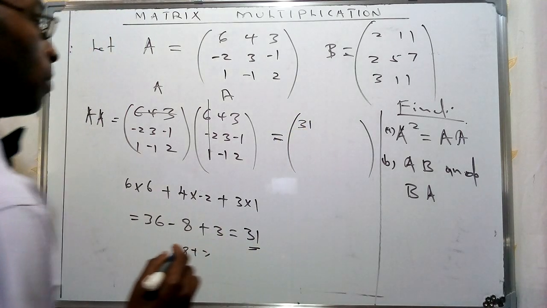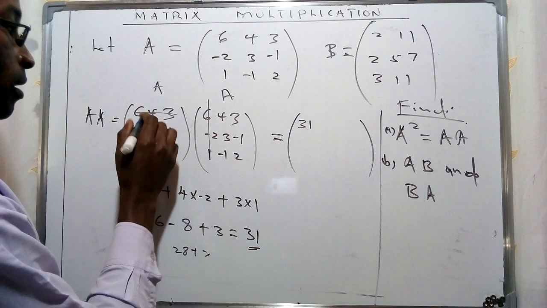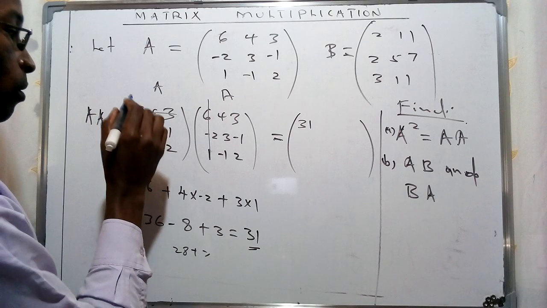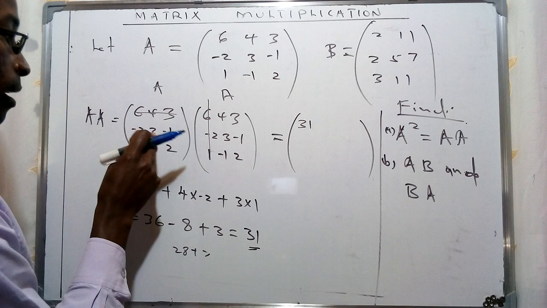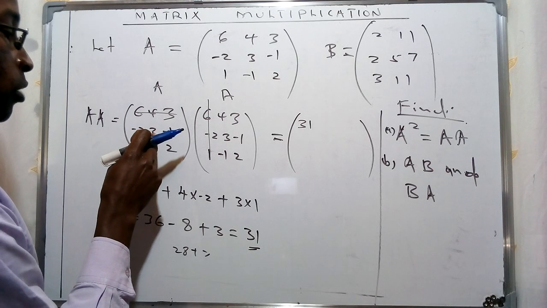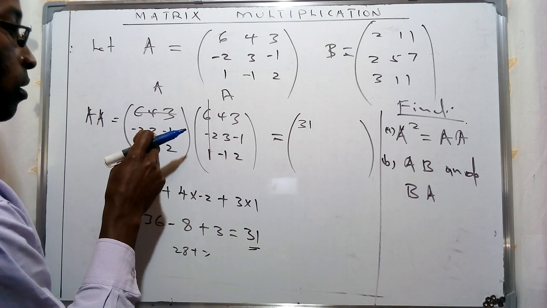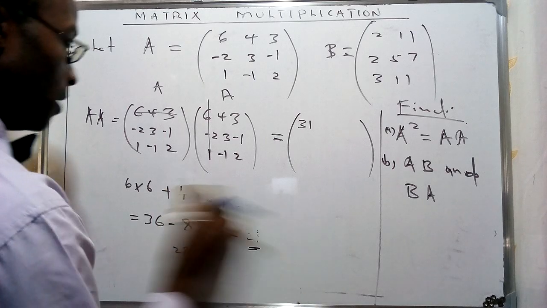Basically, we're going to perform those specific operations using the ith row and the jth column of the individual elements. So if we had the element 2, 2, we are going to take the second row and the second column and find those specific products.